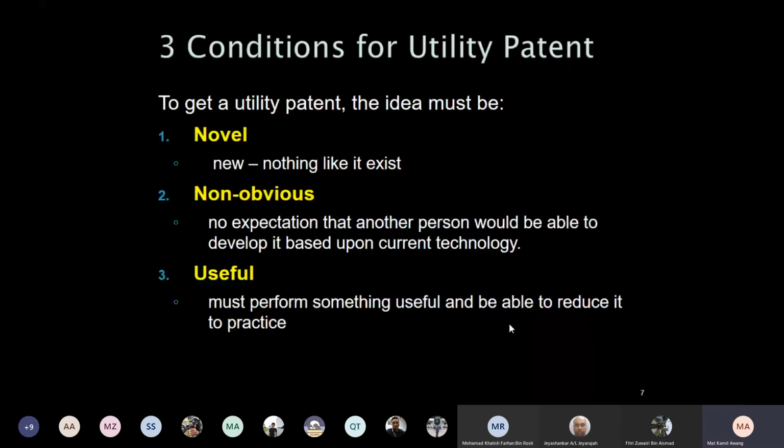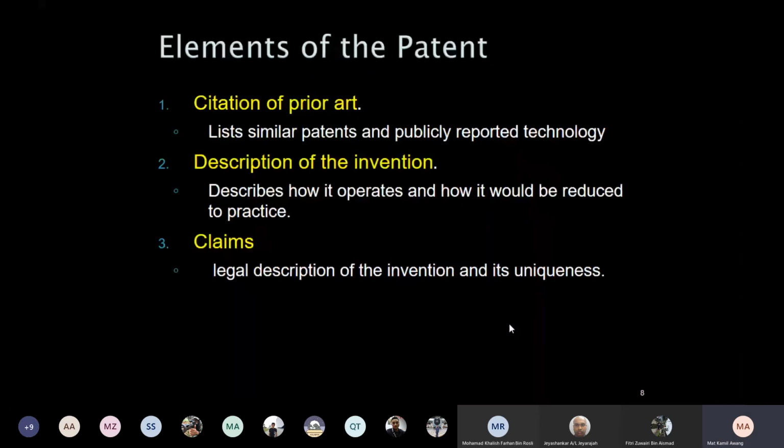It has to be practiced. Clear? So these are the three conditions of the utility patent: new, non-obvious, and useful.